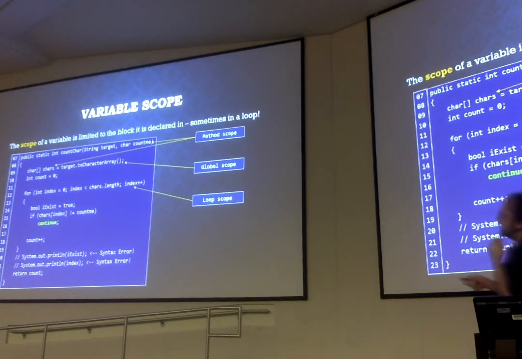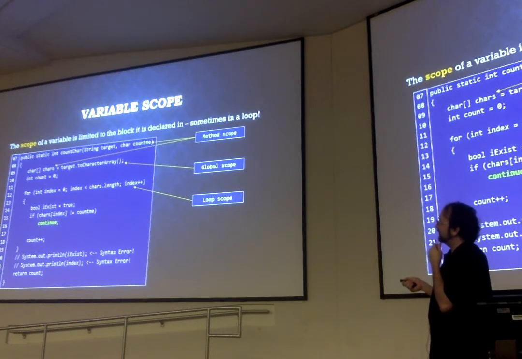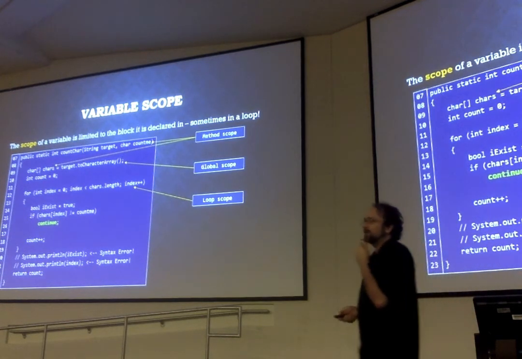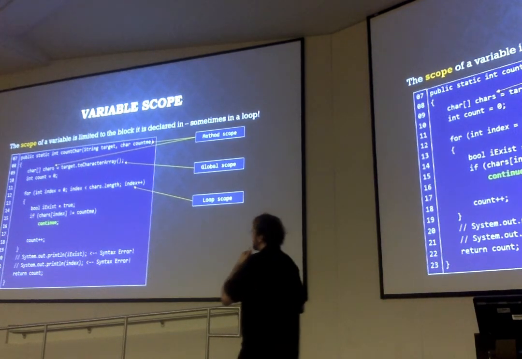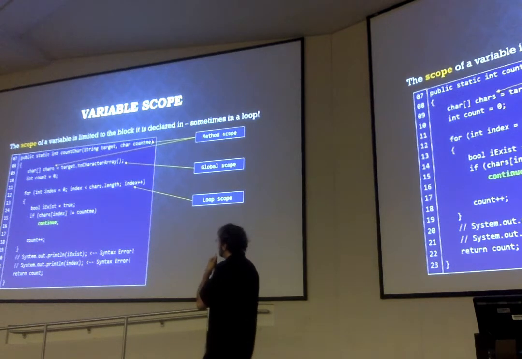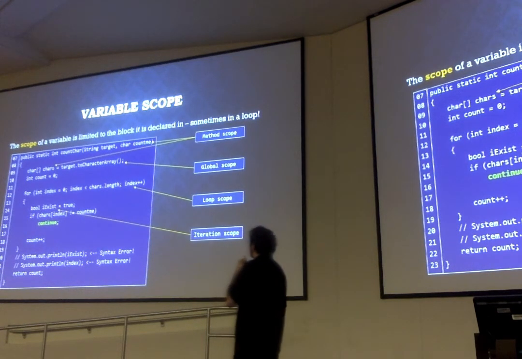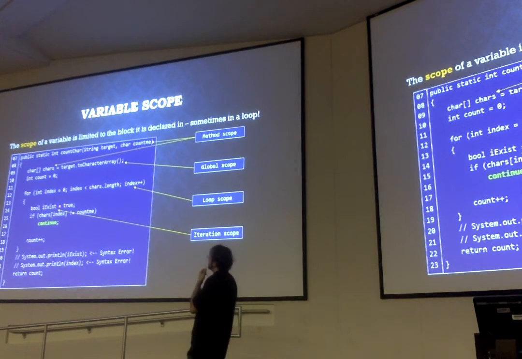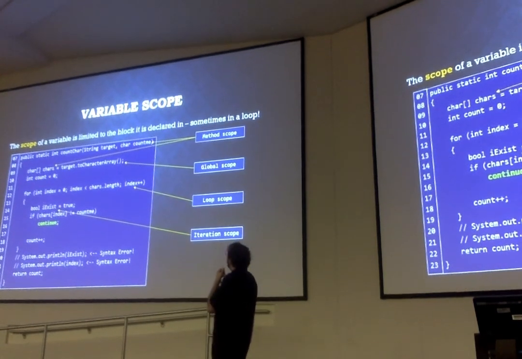Now, index right here, I've declared the index inside of this loop declaration. That has loop scope, right? That is limited only to being used inside of the loop. If you try to access it outside of the loop, it won't work. And finally, this is the most limited scope, this variable iExist right here, this bool. This variable only has iteration scope.